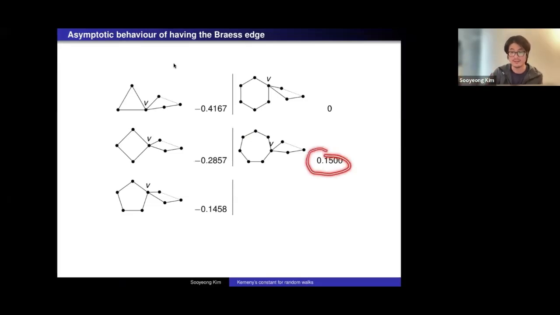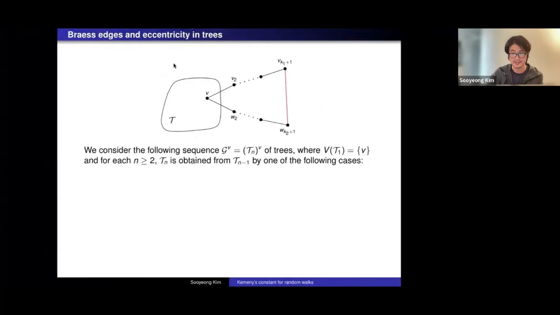If it's positive, that means Kemeny's constant increases. In this case, you can see that as the diameter of this cycle gets increased, the difference in Kemeny's constant is getting increased. So I was wondering if it's all about the diameter of this graph. That's why I investigated this topic.